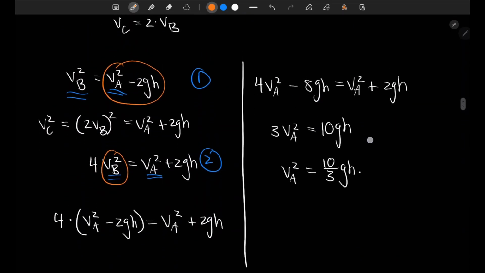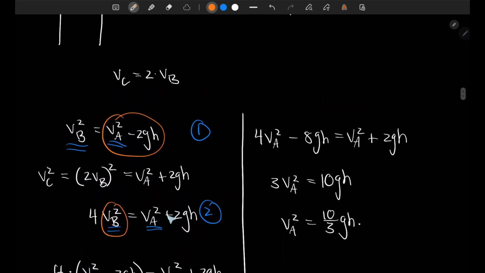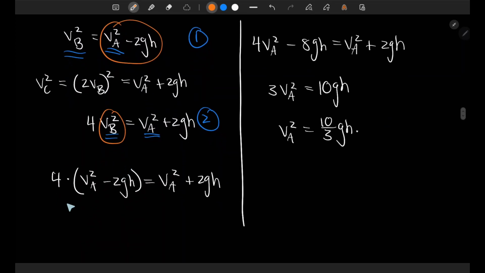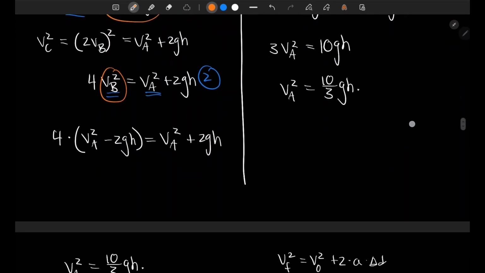And then what we got was we got these two equations here, 1 and 2. And then we noticed, okay, we want to find the initial velocity. Because once we have the initial velocity, we can calculate how high does this stone go once it's projected. So I get rid of the Vb squared. And as a result, we get this equation. And from there, we can calculate all the way down here to get the initial velocity squared.